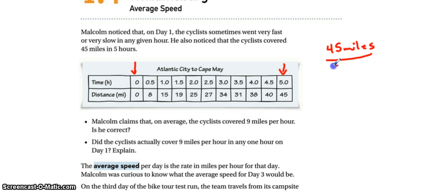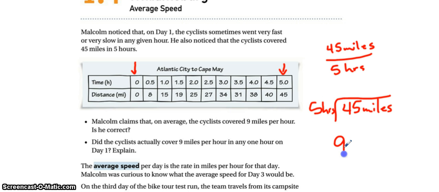So if we look at it in terms of the overall trip, they did, in fact, cover that. When we divide 45 miles by the number of hours, which was 5 hours, 45 divided by 5 is 9, and that gives us 9 miles for every hour, or 9 miles per hour.